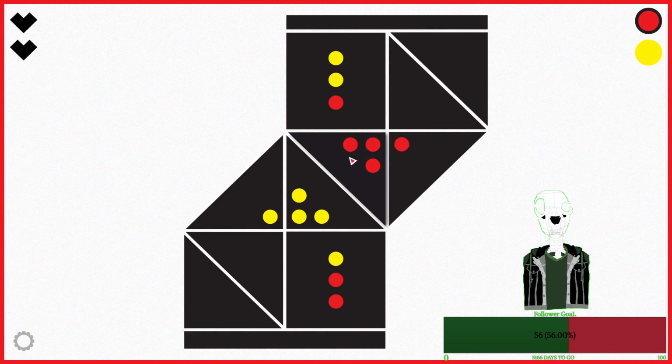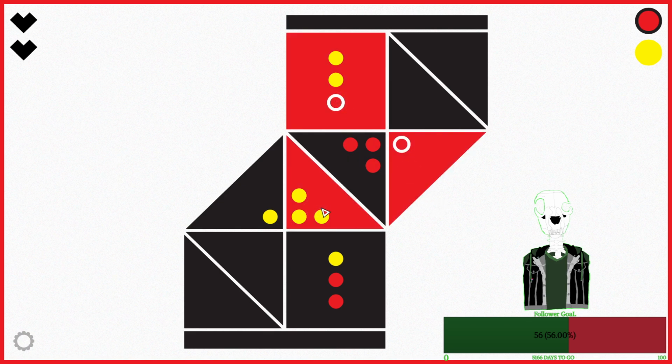Okay. So this is only touching three, and they all have to be red. It's touching four, so we don't know. This doesn't matter anymore.